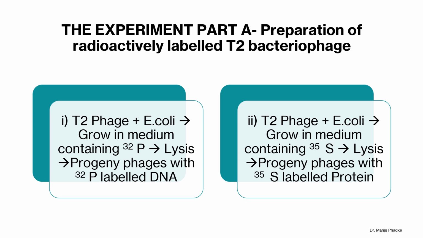So in this part A of the experiment, what Hershey and Chase did was that they prepared radioactively labeled T2 bacteriophage. One part of the bacteriophages had the DNA which was radioactively labeled, and the other part of the bacteriophages had the proteins which were radiolabeled.